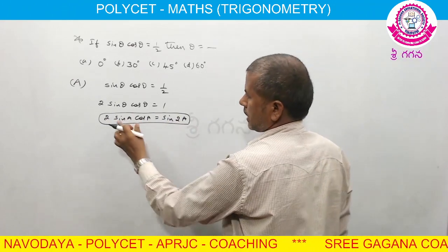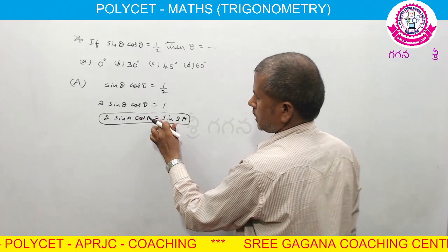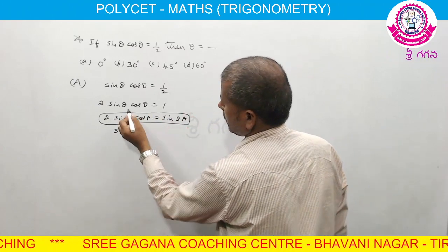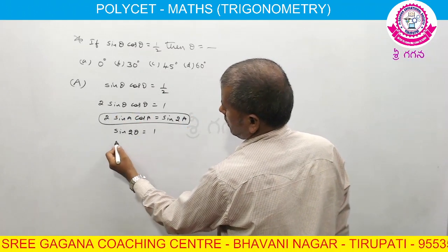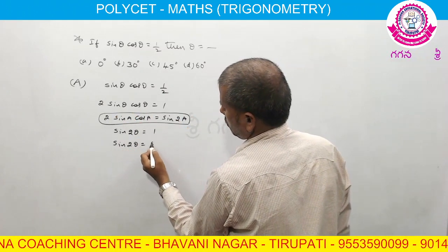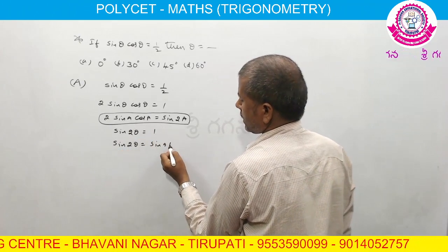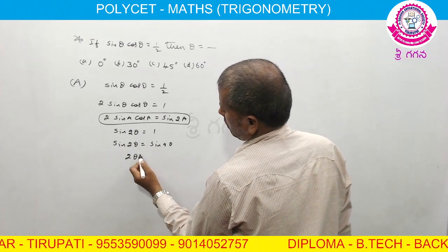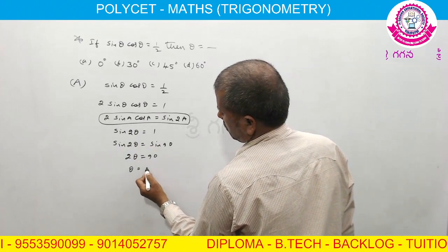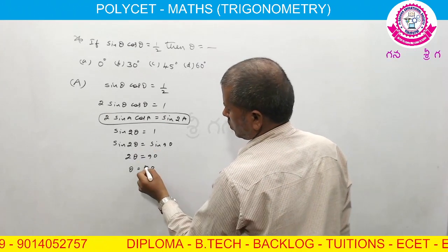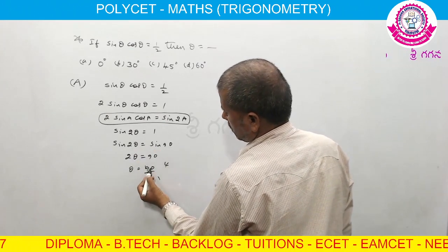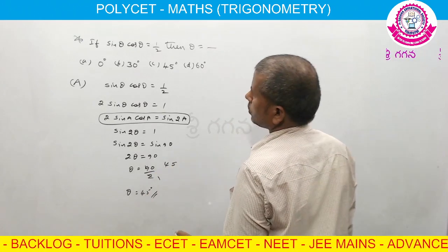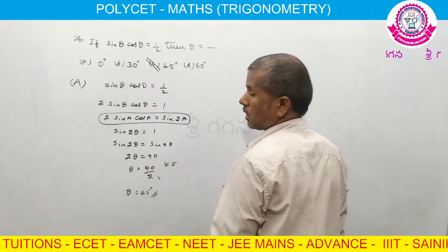So sin 2 theta equals 1. In the sin table, sin 90 equals 1. Leaving the sin, 2 theta equals 90, theta equals 90 by 2, which is 45. So theta equals 45 degrees, C is the answer.